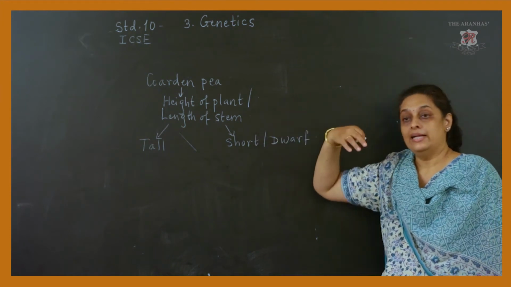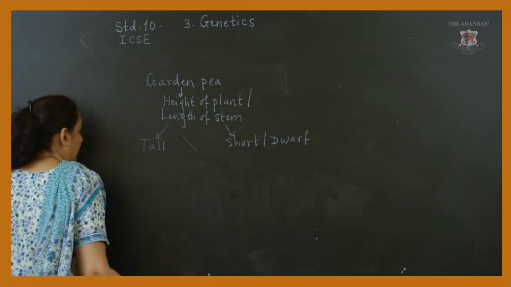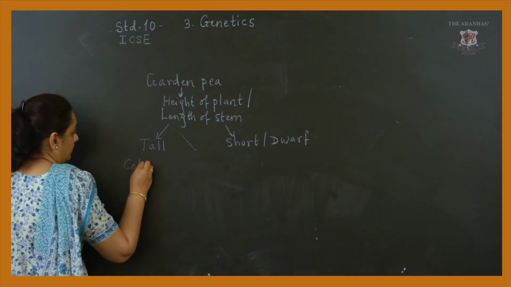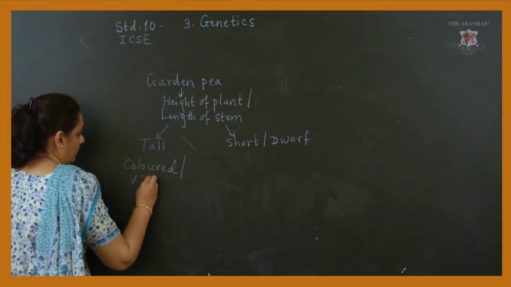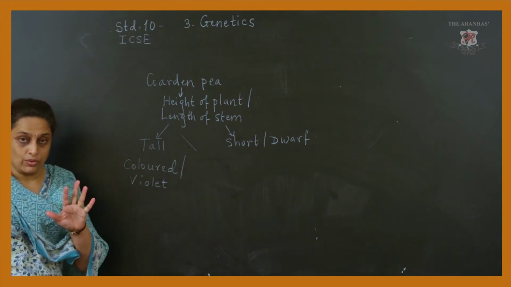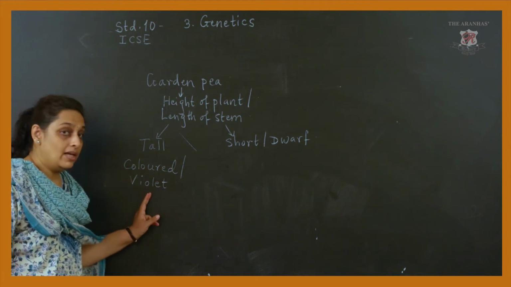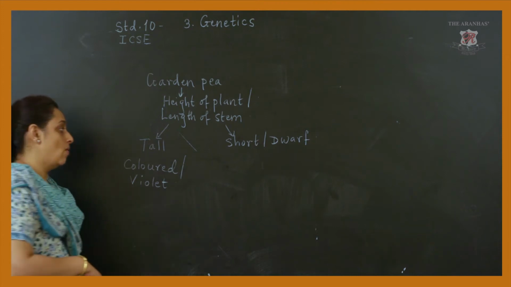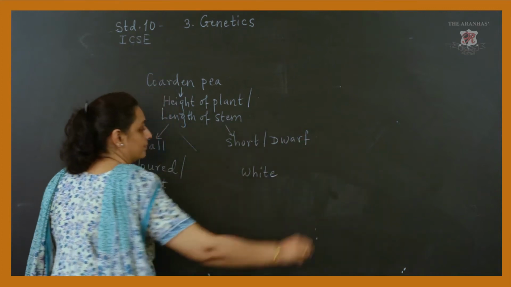Okay? I will take another example. Flower color. Now in flower color also, again only two possibilities. Either flowers are violet or colored or, in contrast, white.